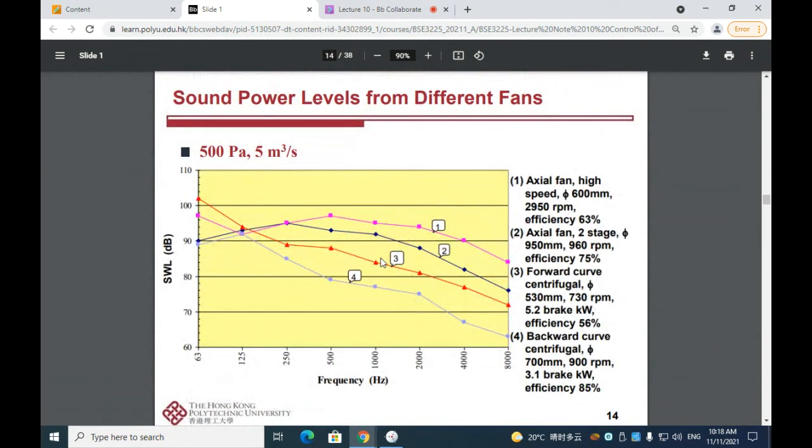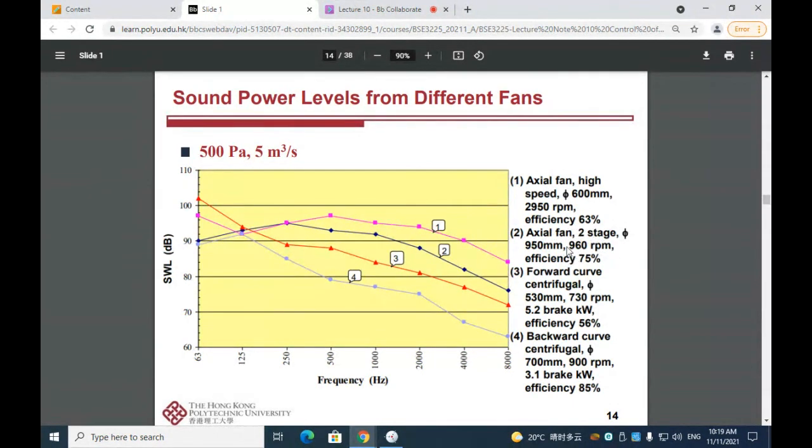Okay, so the sound power level can differ between fans. For example, in an HVAC system, there might be different fans, and this figure compares the sound pressure level from different types of fans, including axial fan, forward curved fan, backward curved fan, and two-stage axial fan.